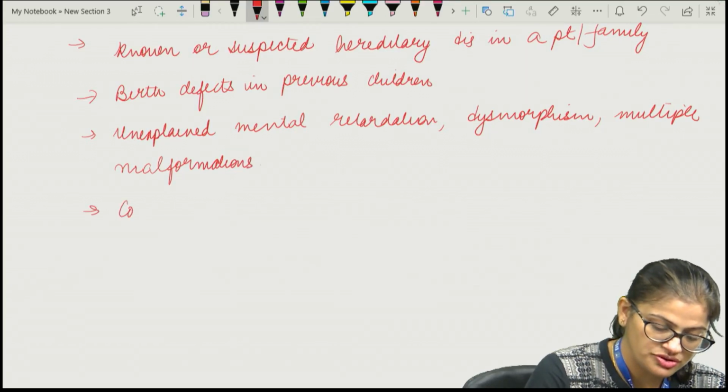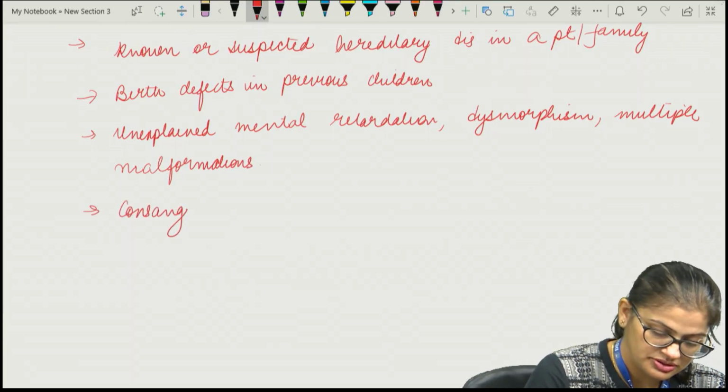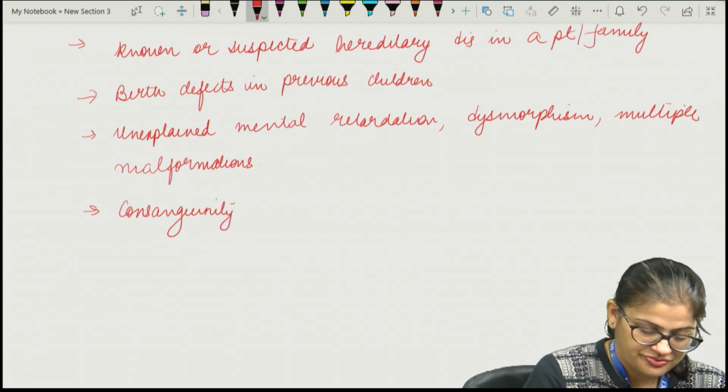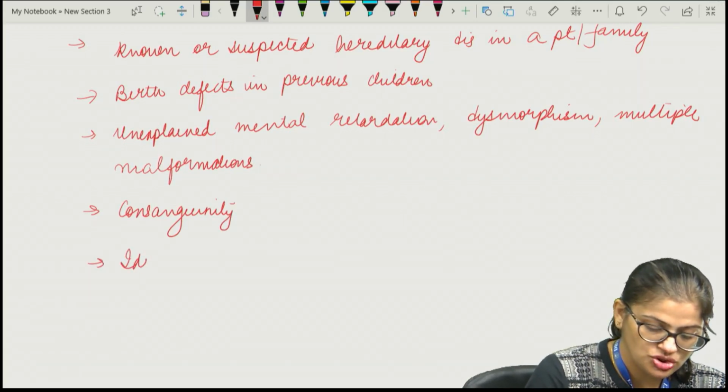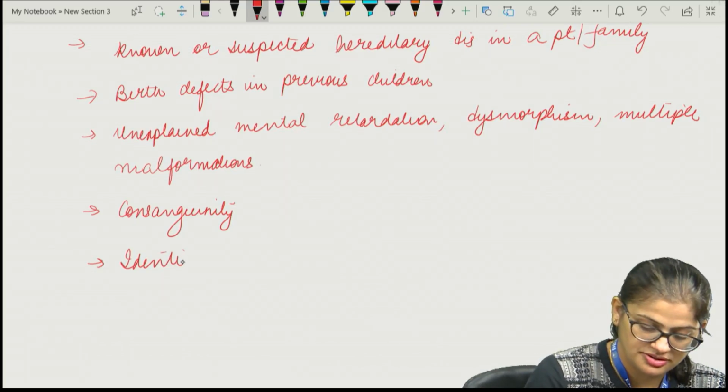If there is history of consanguinity, and if there is identification of malformations in antenatal ultrasound.